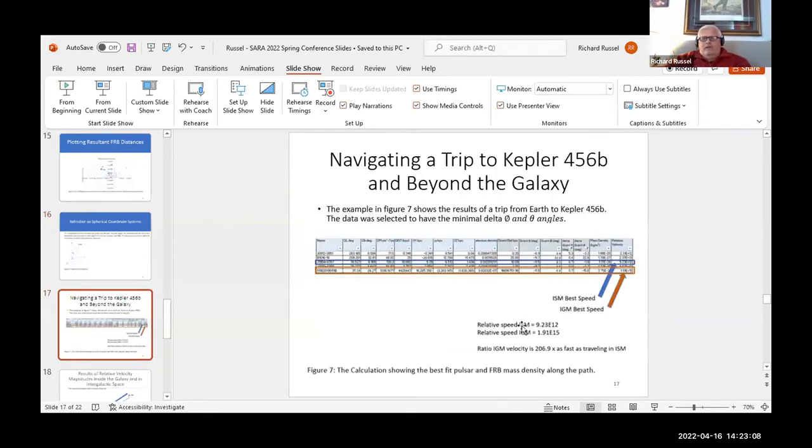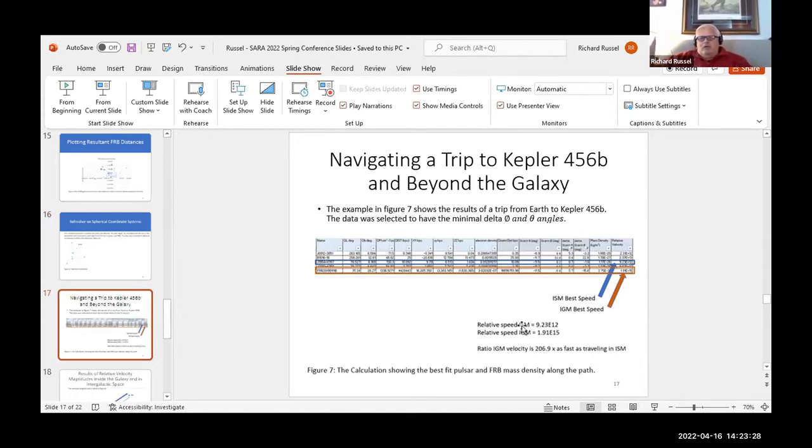I put a calculator together to do that, and at this point I can run my hypothetical trip to Kepler 456b, which is one of the potentially habitable exoplanets.